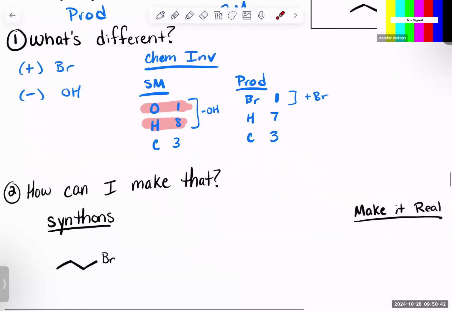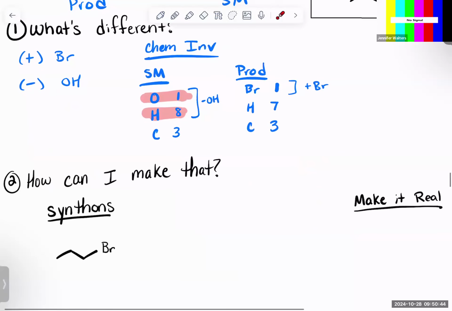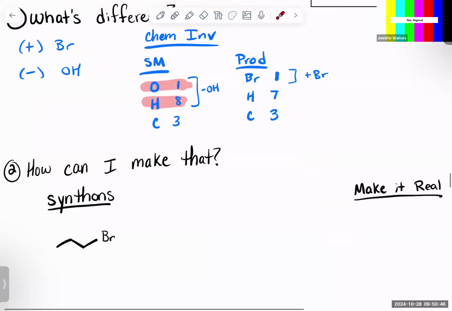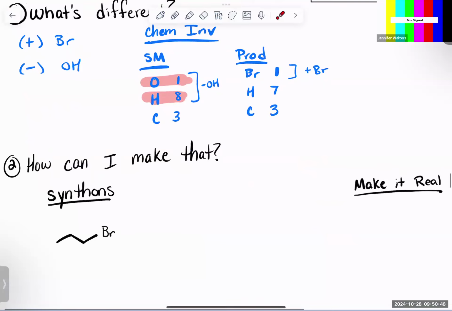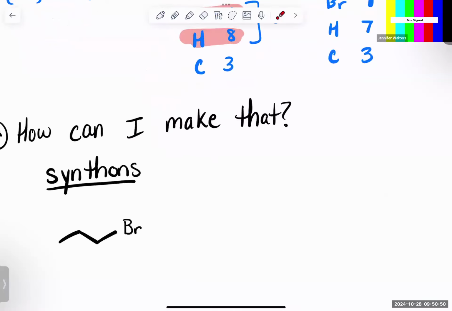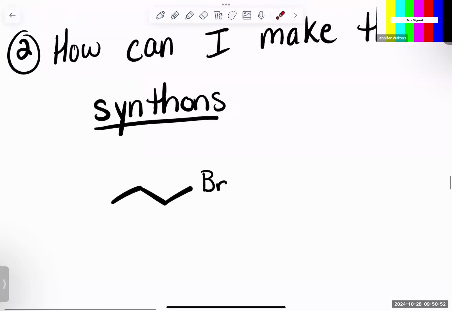Okay. So now I have to think, all right, what are all the ways that I can make that? If we do the synthon process, I'm going to say, all right, I have 2 options. Even if you're forgetting that you have to give the more electronegative atom the electrons, which is the typical way of doing it, you technically can consider either way. So there are 2 options you can consider.